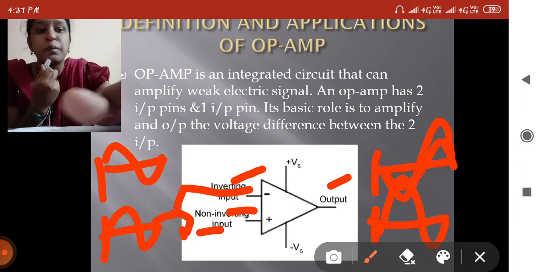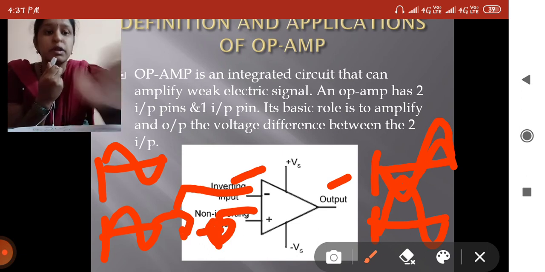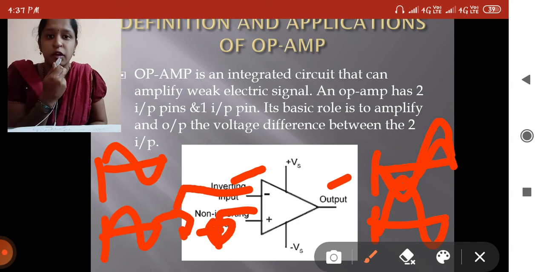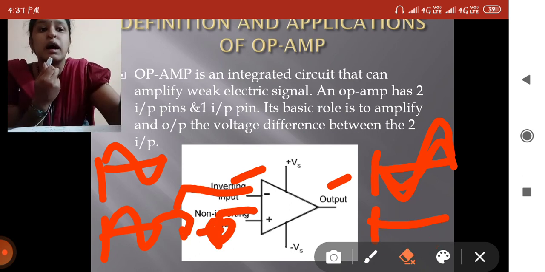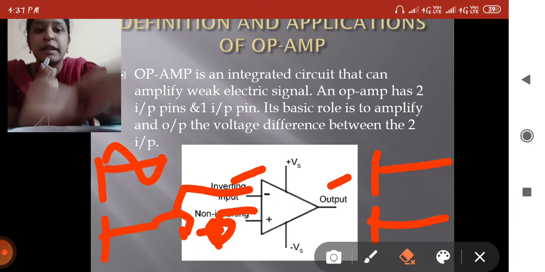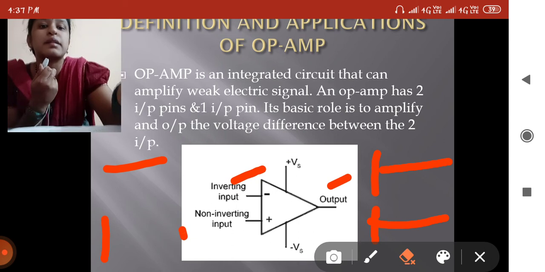If you are applying the input voltage to the non-inverting terminal, that is a non-inverting circuit, right? All of this happens the same way in the operational amplifier. This is the circuit for that.